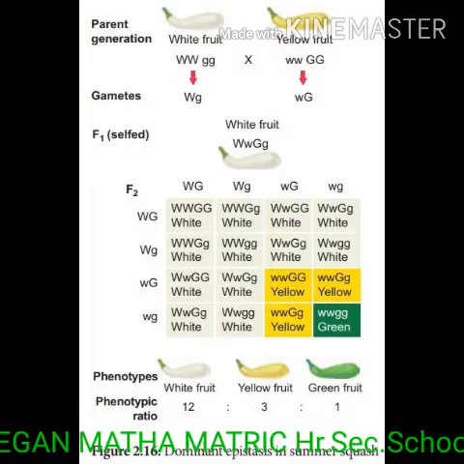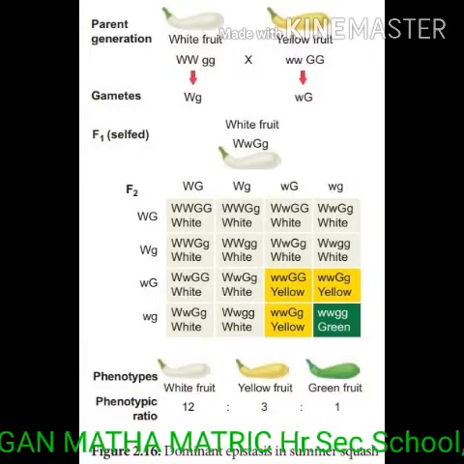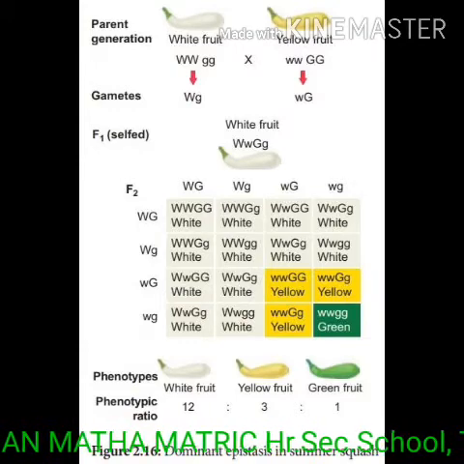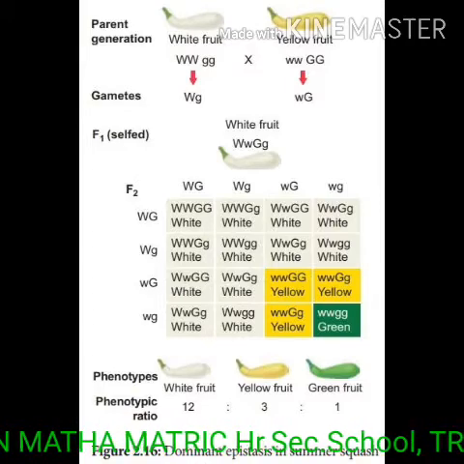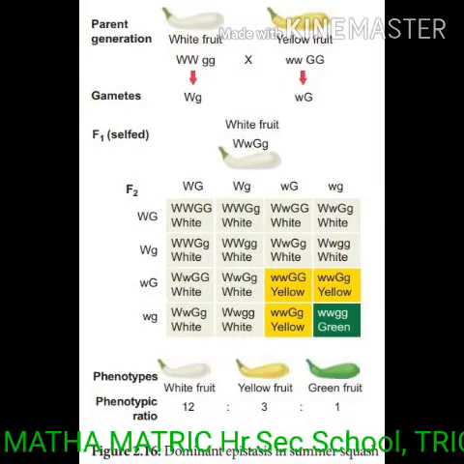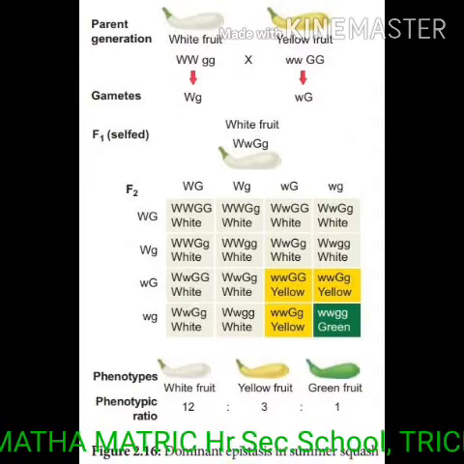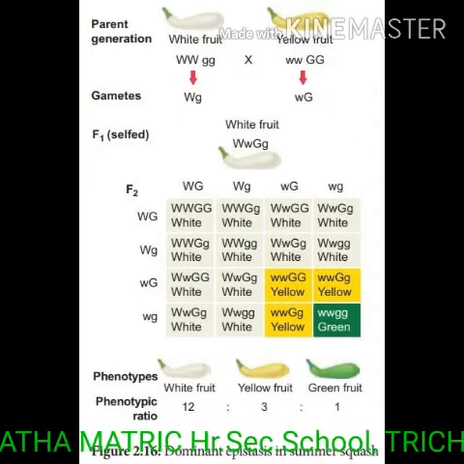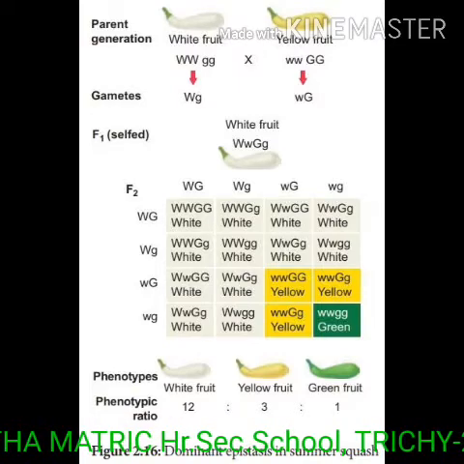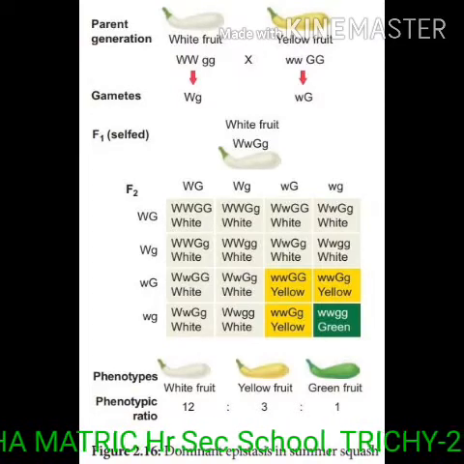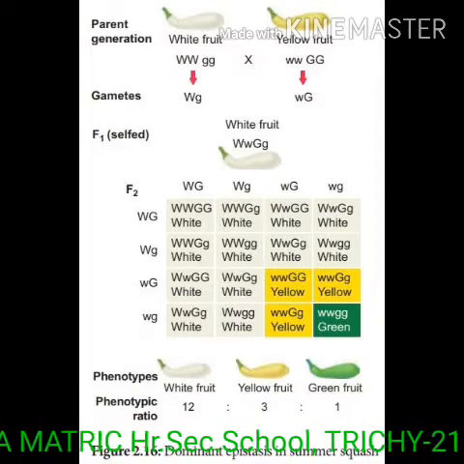In another locus, the hypostatic allele capital G is for yellow fruit and its recessive allele small g is for green fruit. In the first locus, white is dominant to color, whereas in the second locus, yellow is dominant to green.